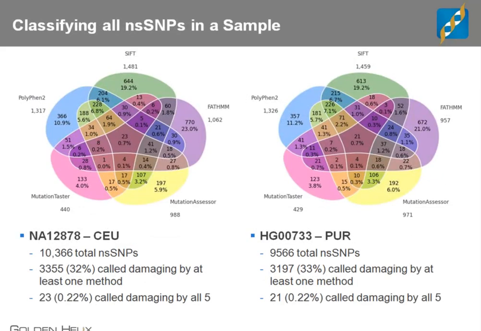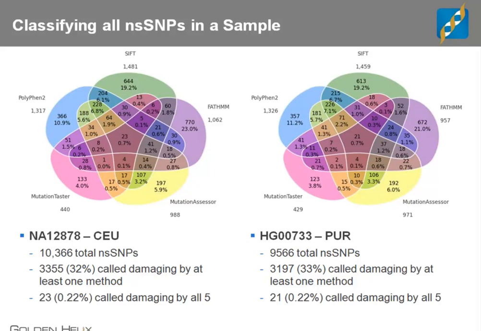And here I've taken 2 samples and taken all of the non-synonymous SNPs in those samples based on sequencing done by Complete Genomics and classified them with each of the 5 methods we've described.